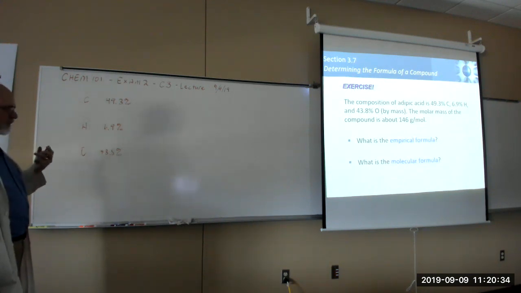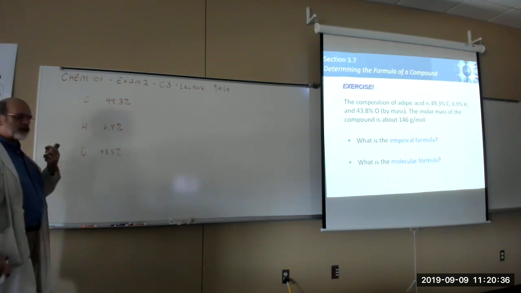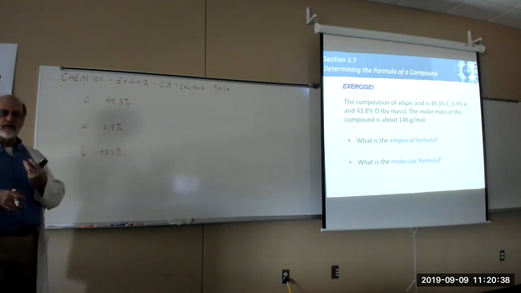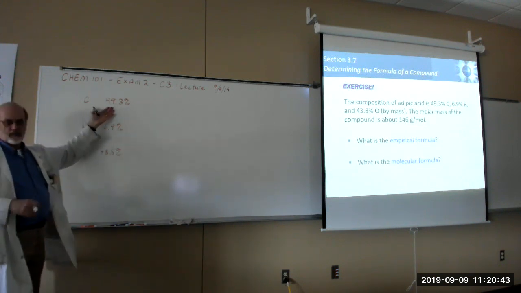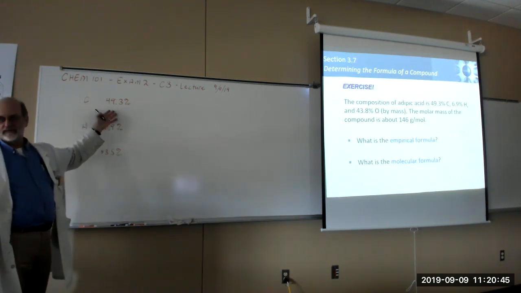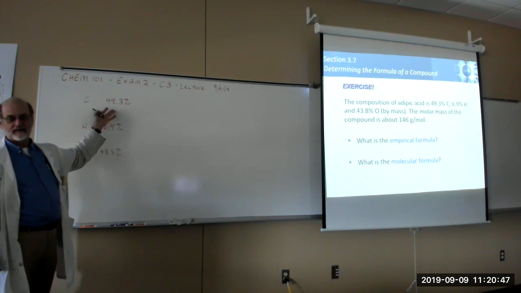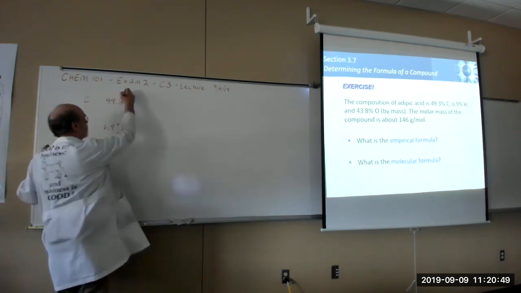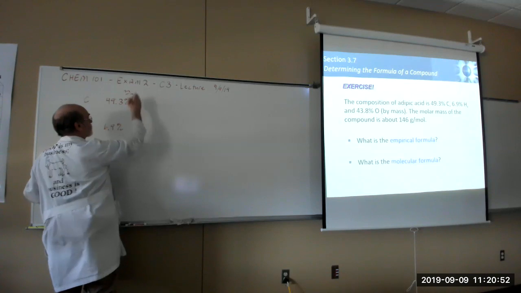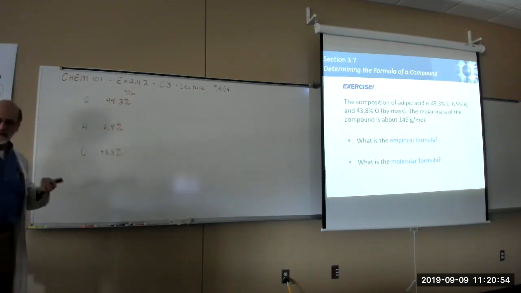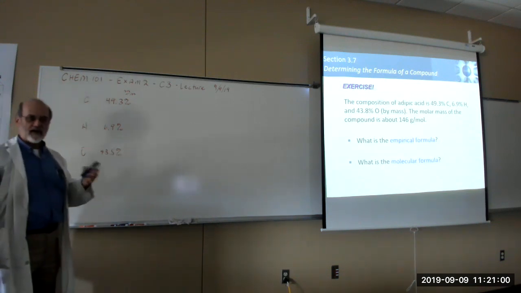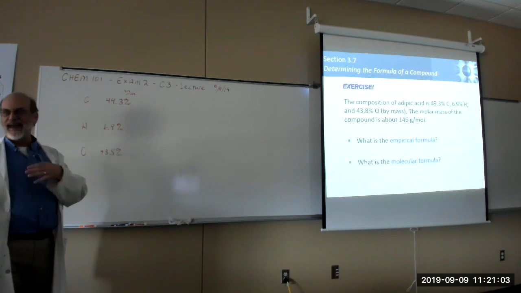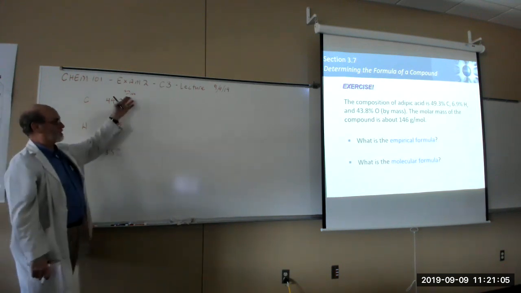Okay. So, in order to determine the empirical formula, we have to know how many moles of each one there are, right? Well, percent is a dimensionless number. It's parts per hundred, right? Well, we're told that it's mass. That's the problem with percent. You've got to say what percent means, because it could be mass, volume, or mass per volume. In this case, it's mass.